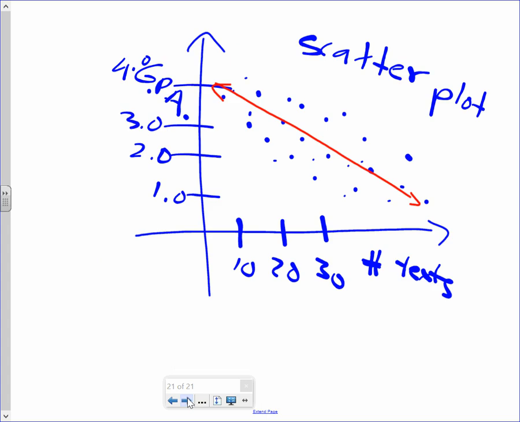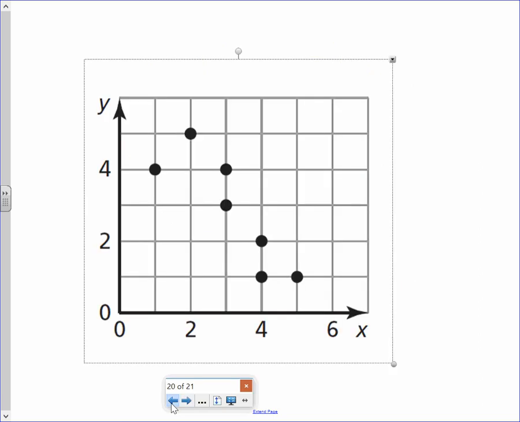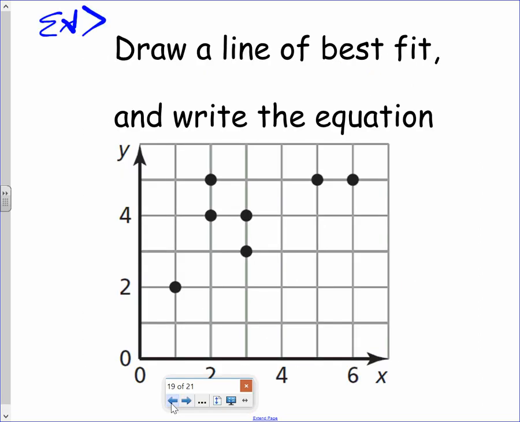The more texts, the lower the GPA, so we call this a downward trend. This one, there appears to be an upward trend. The greater the x value, the higher the y value. To a degree. Not exactly, but things are starting to go up. The higher the x value, the higher the y value.